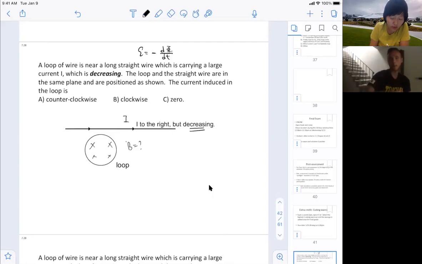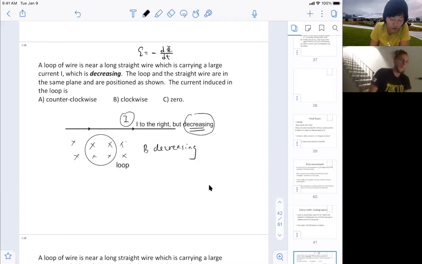Okay, so this B field that's into the page is now decreasing. Because current is decreasing, B is also decreasing. To fight that change, the loop wants to produce an induced current that gives us a B field, an induced B field, in which direction?